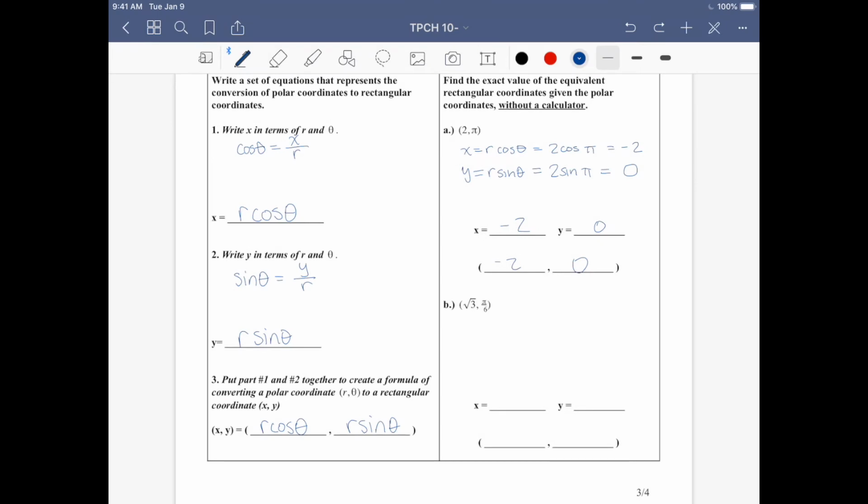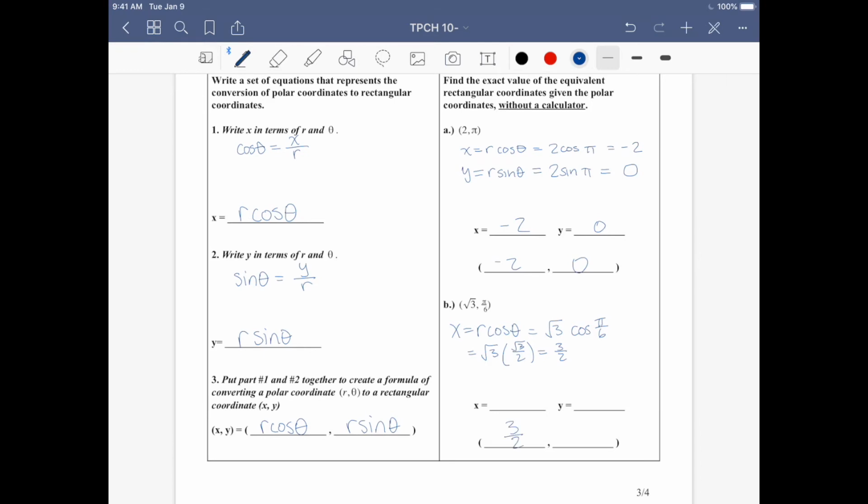Okay, part B. I have the square root of 3 comma pi over 6, so x equals r cosine theta. R is square root of 3. I have cosine of pi over 6. That is just going to be root 3 over 2. When I multiply root 3 times root 3, I get just 3 over 2.